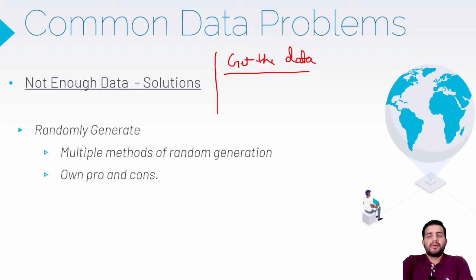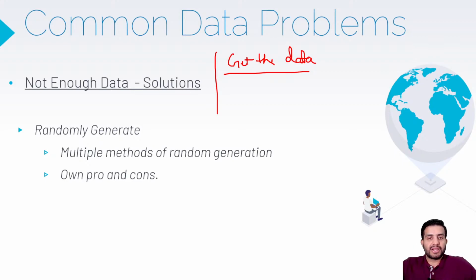Whether I randomly put in some garbage, which obviously has its own pros and cons, or I look towards some other sources. But the end logical solution to this problem is you have to get the data.